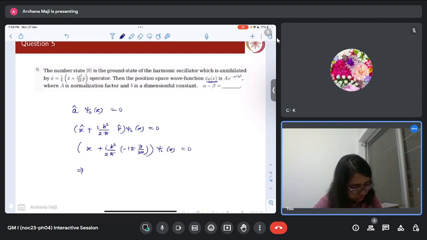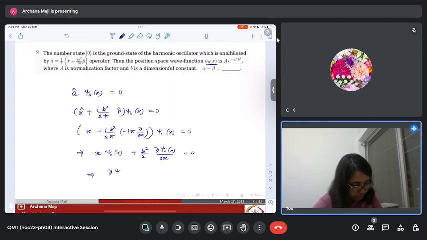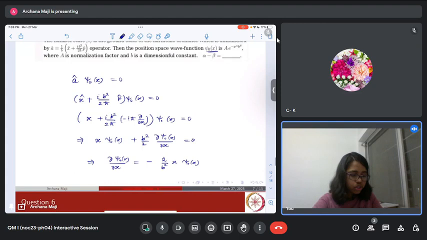So x psi 0 of x, i square is minus 1, h cross gets cancelled, plus b square over 2 del psi 0 del x equal to 0. So the differential equation that you are getting is del psi 0 del x equals minus 2 over b square x psi 0 of x. So you can solve it, right?